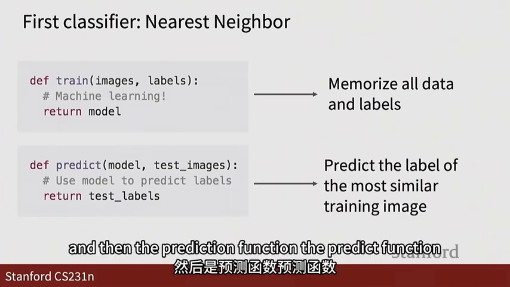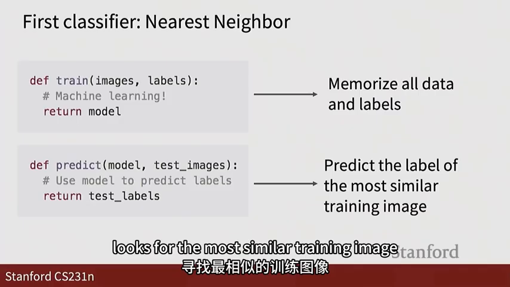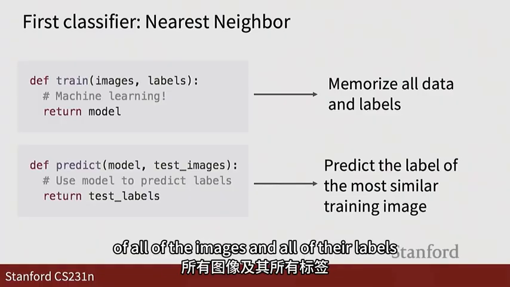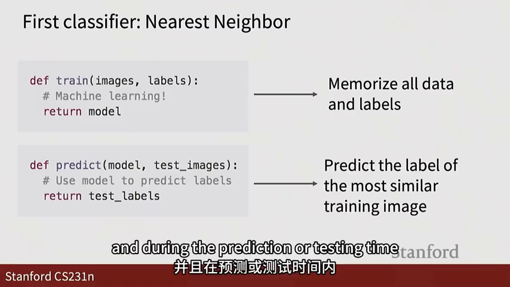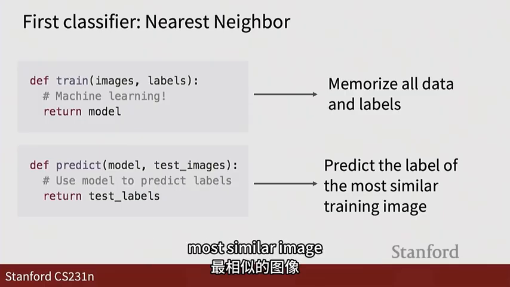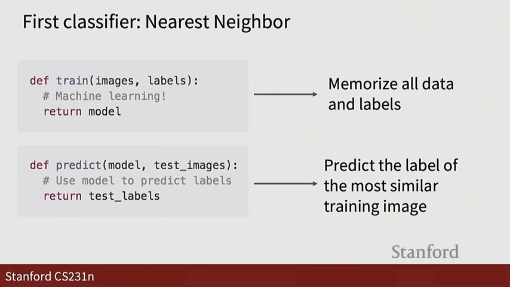And then the predict function looks for the most similar training image. Basically, it creates a lookup table of all of the images and all of their labels. And during the prediction or testing time, it tries to find the closest, the most similar image, and outputs the label for that image.